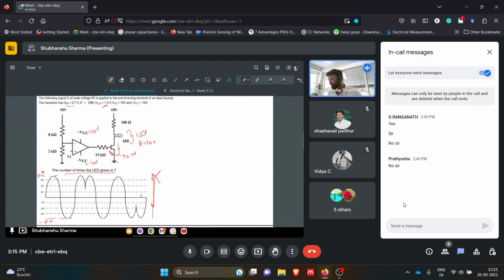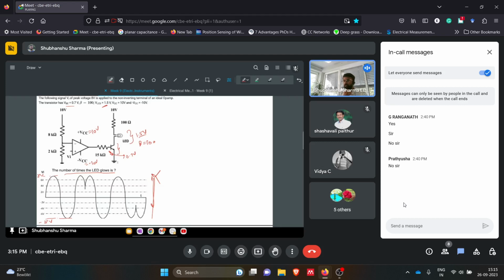Just think how you will approach. I think you should start with this question by thinking that we need to see whether the LED will glow or not and when it will be glowing.